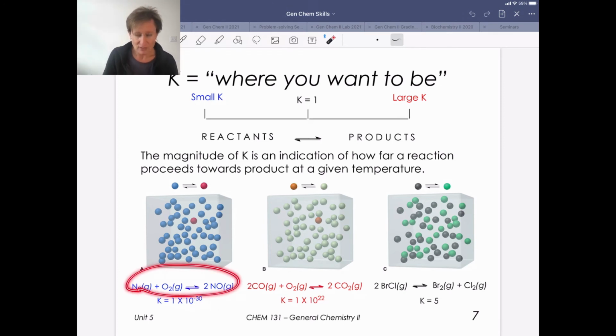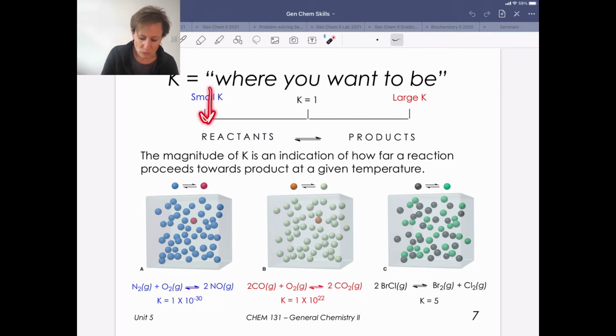Take this first chemical equation that has a very small equilibrium constant, right? Part of what we need to be able to do here is recognize that this is a very small number because we have a negative exponent there. And this is a very large number because we've got a large positive exponent there. All right, so if we have a very small equilibrium constant, small numbers live on the left of my number line.